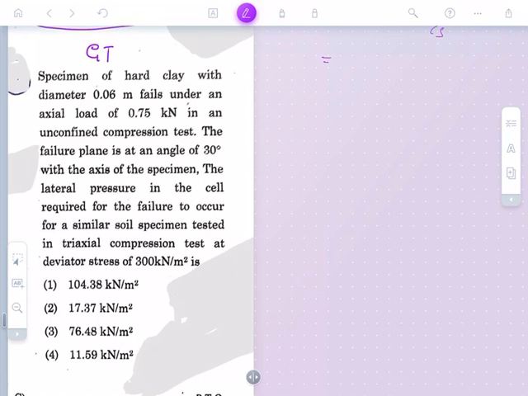Okay, fine, let me read it out. A specimen of hard clay, with the diameter given in this question.